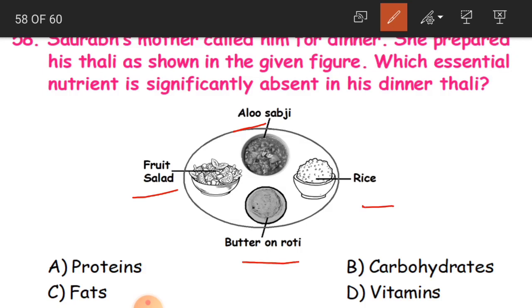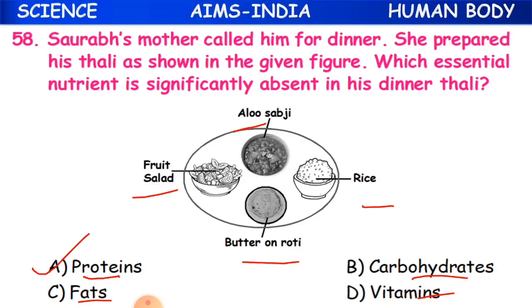Whether proteins, fats, carbohydrates or vitamins. What is lacking is proteins, that is like milk, eggs, meat and all this. So they have to get proteins through these food substances. Proteins are lacking because we do not have them on this plate.